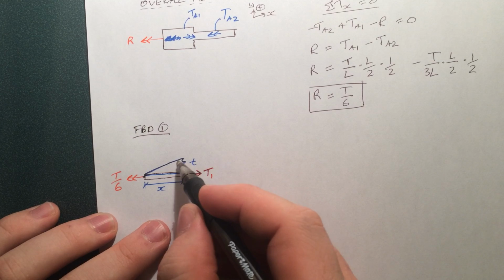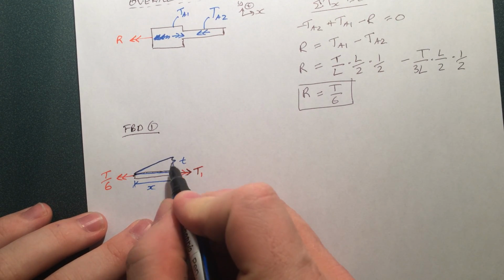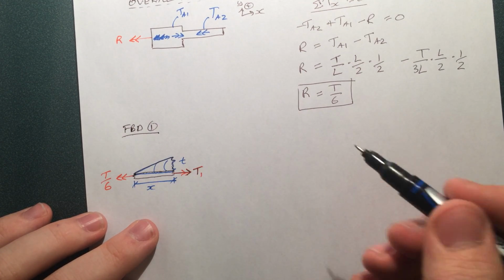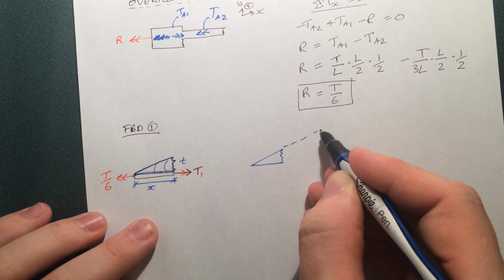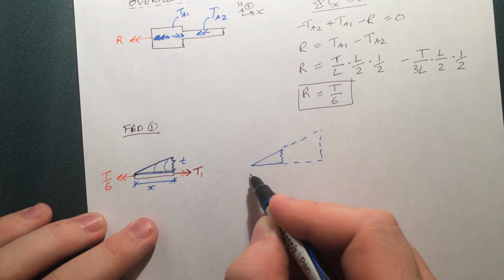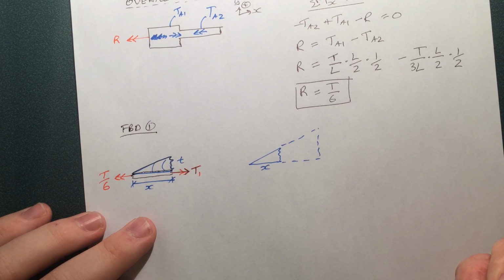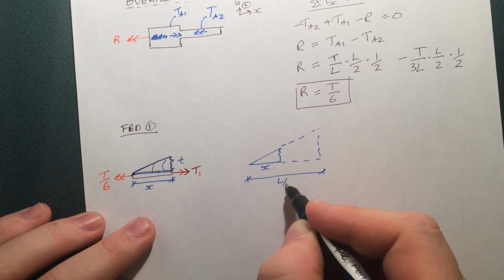Alright, so the same thing applies here. We can make the ratio of the triangles. To find what this force here is, of course it's being applied like this. We make our triangles, and this is just a distance x. Pretty straightforward. This full distance here is still L by 2.